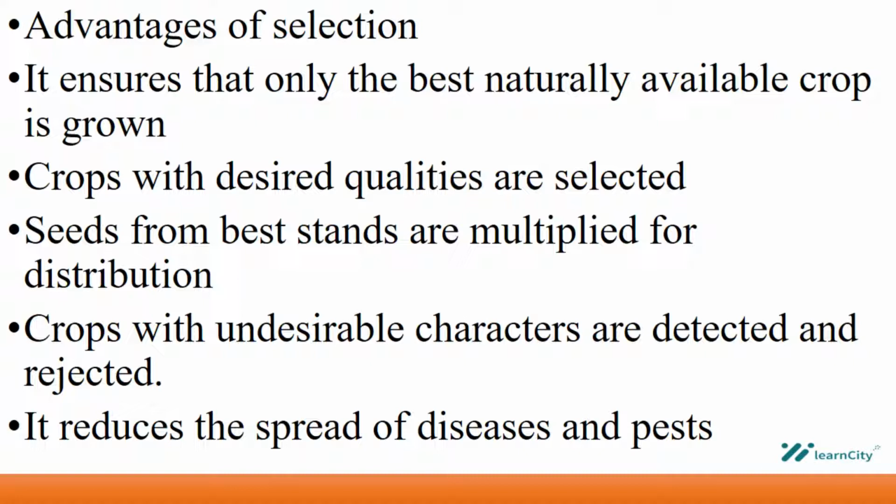That's just it. Advantages of selection: it ensures that only the best naturally available crops are grown. Crops with desired qualities are selected, and seeds from the best stands are multiplied for distribution. Also, crops with undesirable characters are detected and rejected.